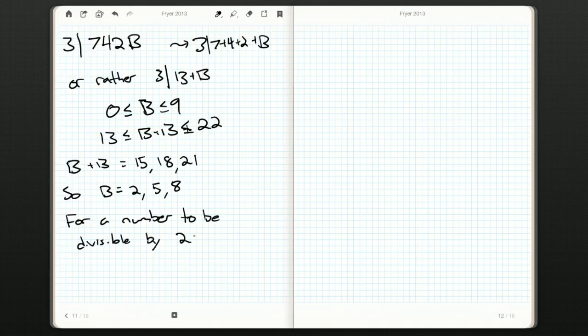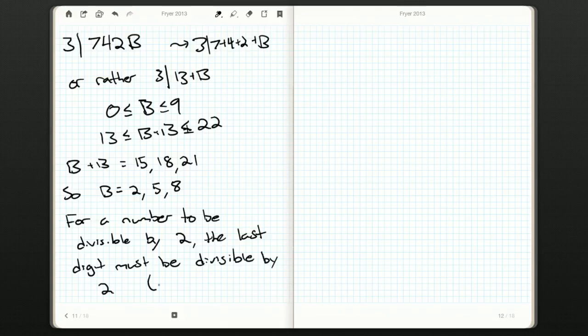So if you want to be divisible by a power of 2, your last so many digits have to be divisible by that power of 2. So if you want to be divisible by 2, that means the last digit must be even.